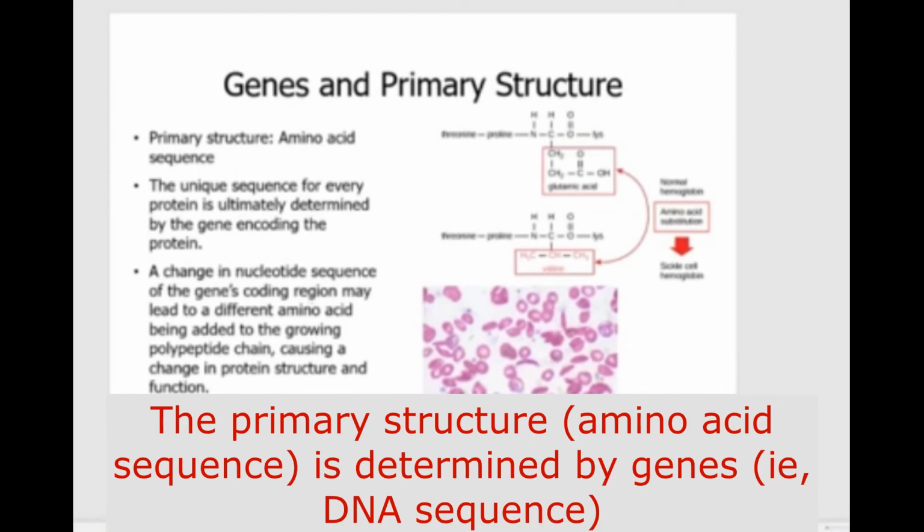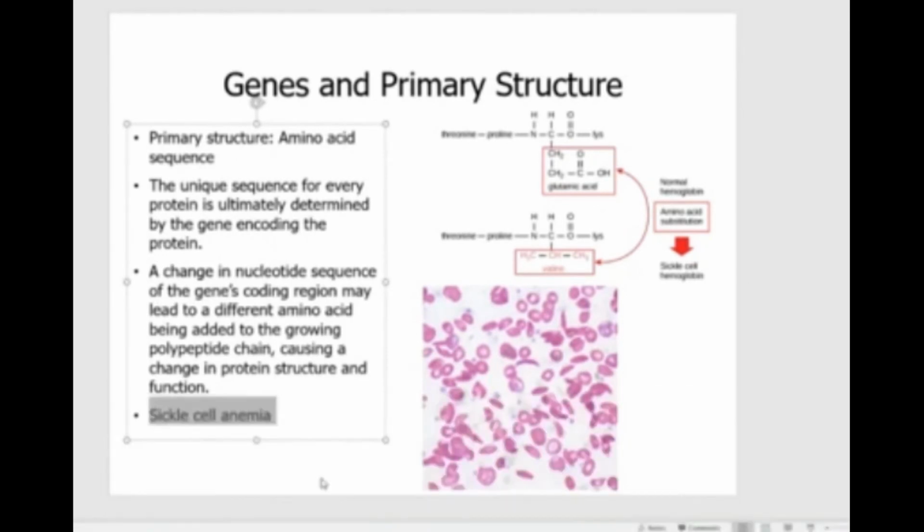Okay? So a very good example is sickle cell anemia. You guys probably have heard about this disease. Unfortunately, it's very prevalent in African Americans because this mutation originated from Africa. Okay? Patients with sickle cell anemia a lot of times can experience very extreme, excruciating pains.